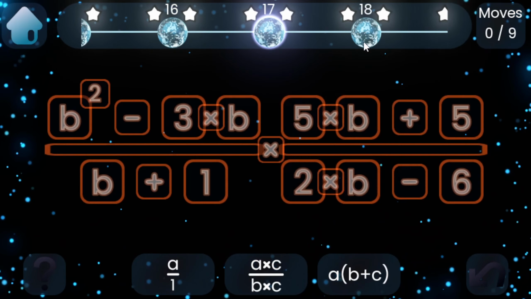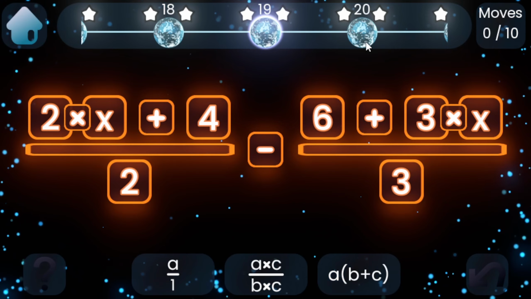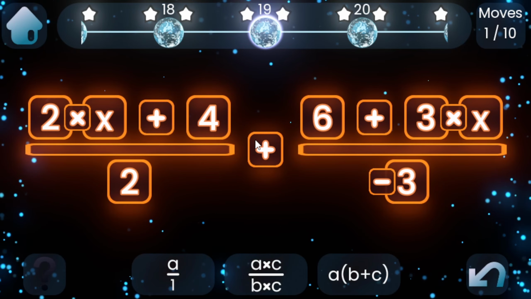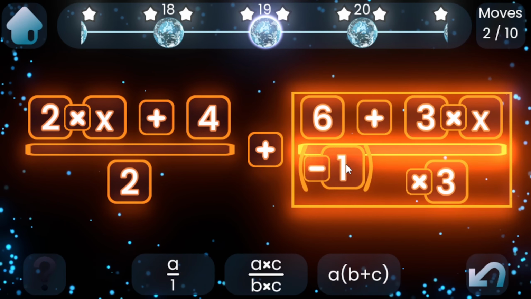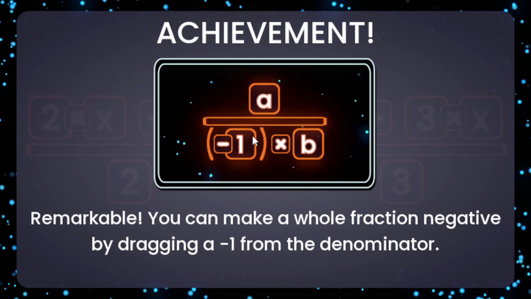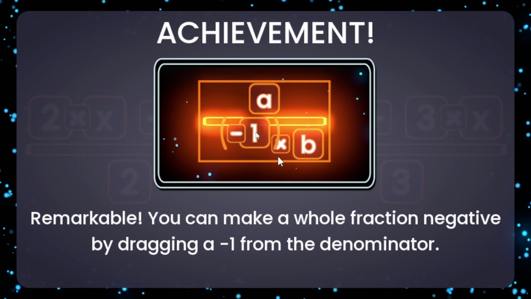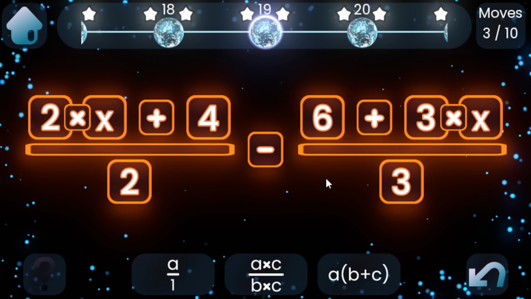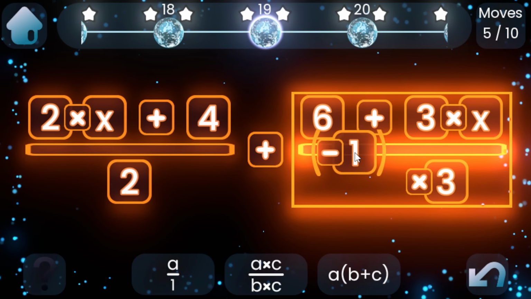I'm just trying to remember. Oh, I think this works. I think I can drag the 3 on here. Yeah, so you drag the 3 on the minus here. This is actually really tricky. You factorize it, and then you drag the -1 on the fraction again to make this. Yeah, you make a whole fraction negative by dragging -1 from the denominator. This is possible. This is a very tricky achievement again. So yeah, hold this, and then drag this there.